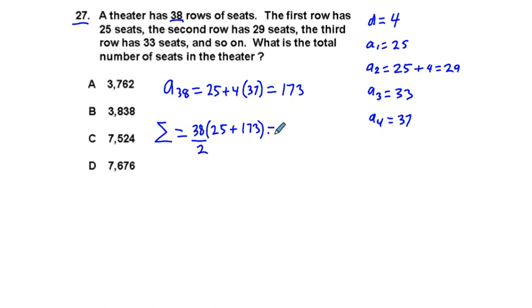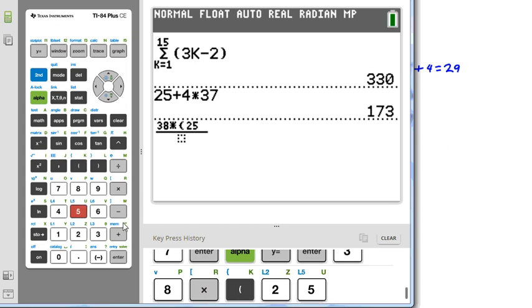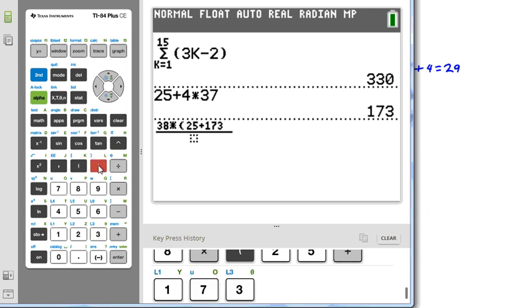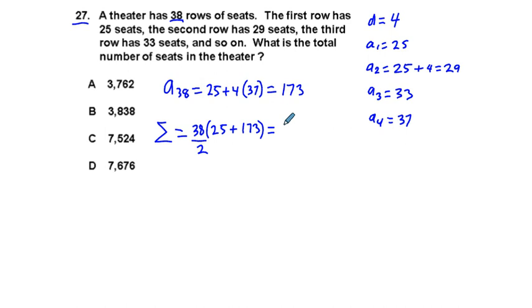So we just put this in a calculator, and we get n, which is 38, times 25, that's a sub 1, plus a sub 38, which is 173, and we divide all this by 2, and we get 3,762. And that's going to be answer choice A.